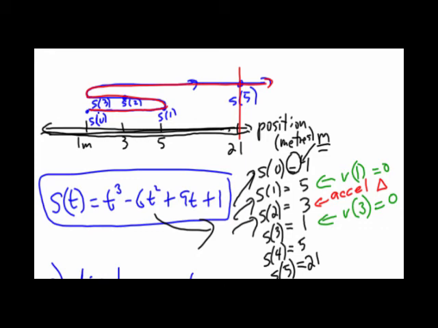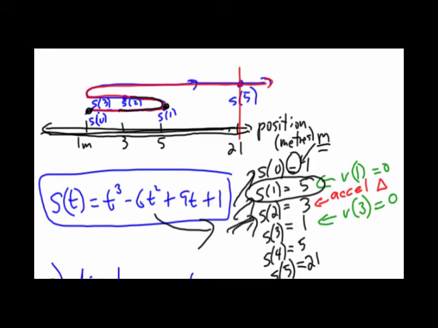So at the 0 second mark, my particle is at the 1 meter mark. At 1 second, we're at the 5 meter mark. Now you remember that at the 1 second mark, that was when my velocity was 0. And from the number line on the previous page, the particle changed from moving right to moving left. So that's how I'm showing my position.